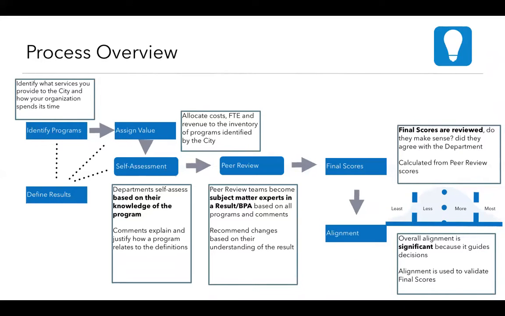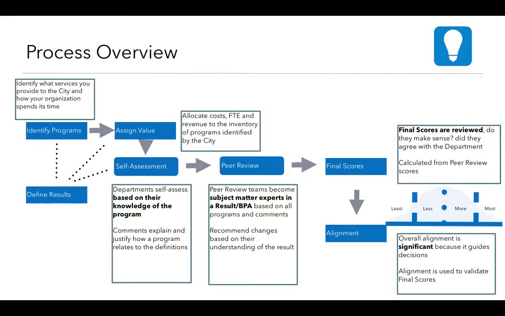Then we assign the value to those programs during cost allocation. We go through a self-assessment where the departments actually self-scored their own programs against the result areas. We are now over into the peer review, which is where we create cross-functional teams to go through and review and validate those scores that were entered during the department scoring phase.